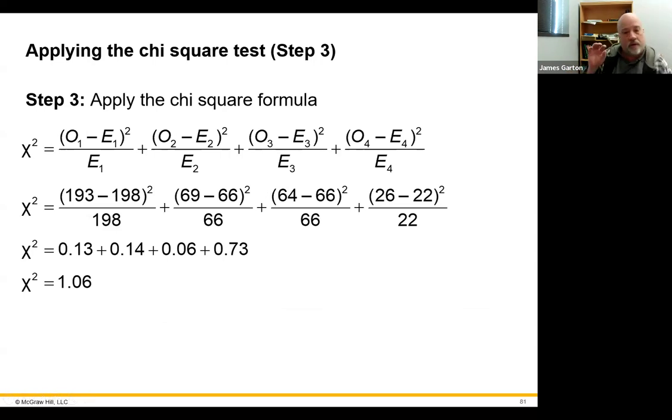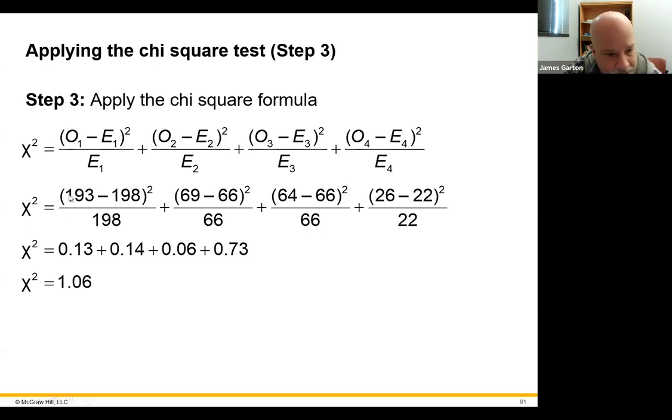And now you apply the chi-square formula, which is the sum of the observed minus expected in category 1 squared divided by the expected number of category 1, and observed minus expected for category 2 squared divided by the expected number in category 2, and so on and so forth.